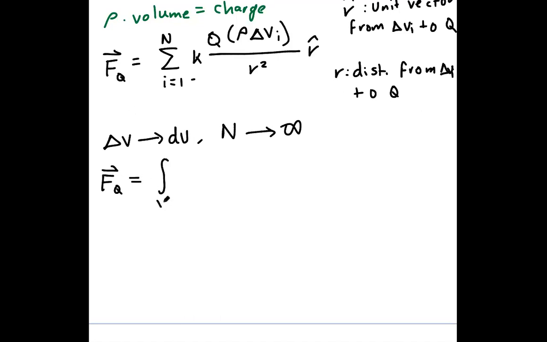So the integral, oops, sorry, of KQ rho dV over R squared times R hat. So now, if we have the volume of the charge, this is the volume charge distribution.